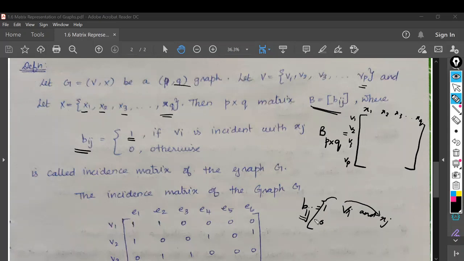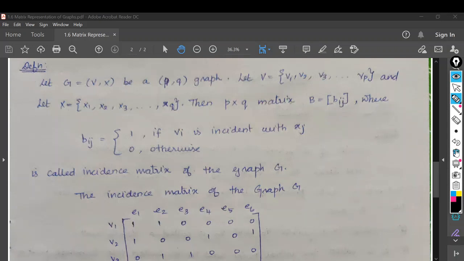See, in Bij, i plays the vertex role and j is for the edge role, so don't change the order of it. So this is how we define the incidence matrix. This is called the incidence matrix of a graph G.